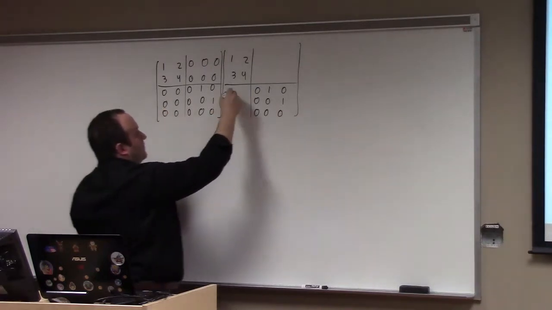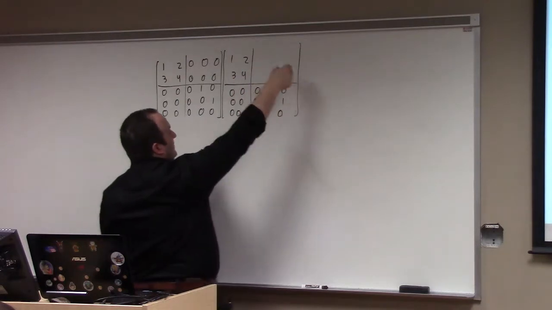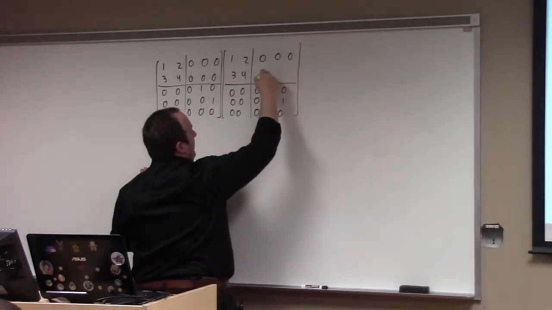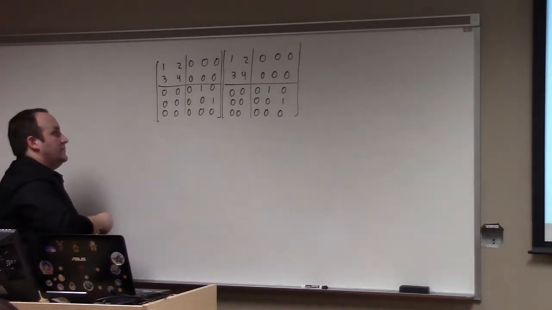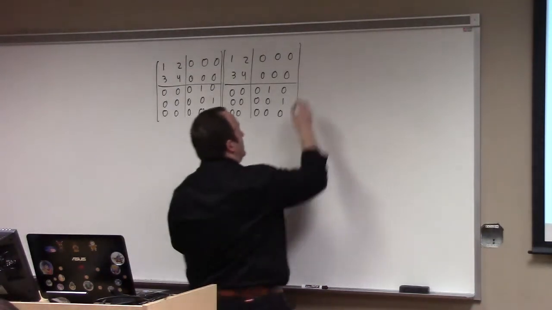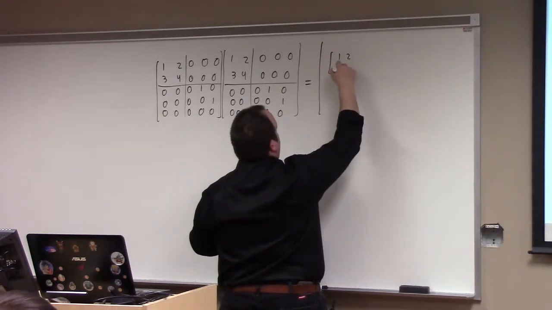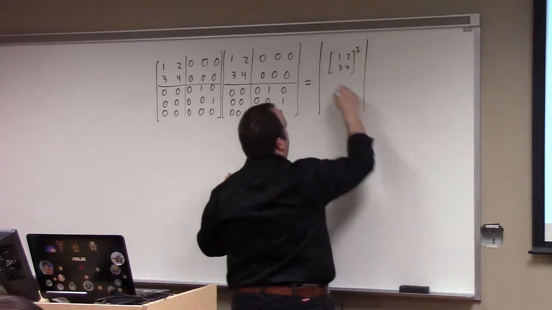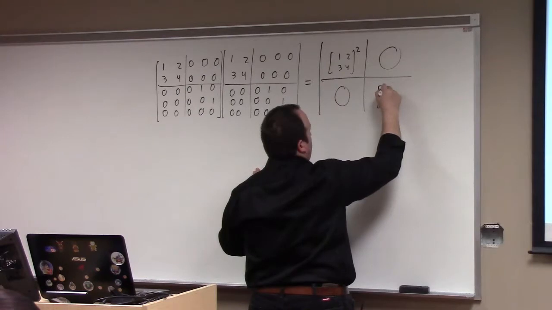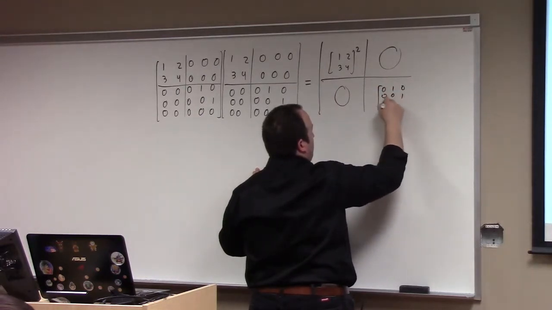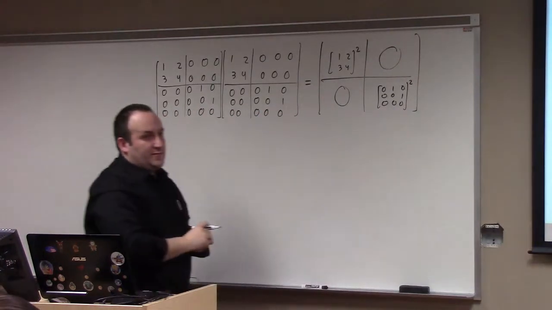They're rectangular, right? I've got a 3x2 that I'm just writing, and up here we have a 2x3. So you can multiply these two matrices, and what you get is 1, 2, 3, 4 squared, 0, a 0, and over here you get 0, 1, 0, 0, 0, 1, 0 squared. That's what the block multiplication does.